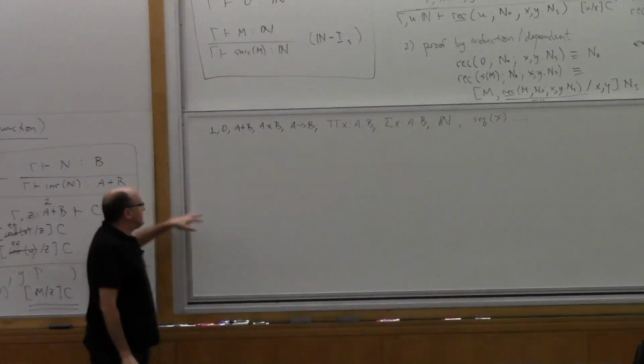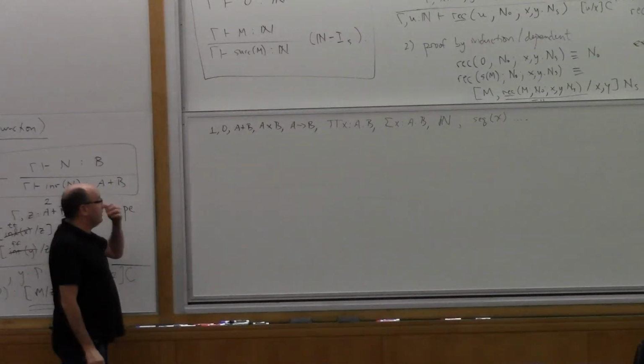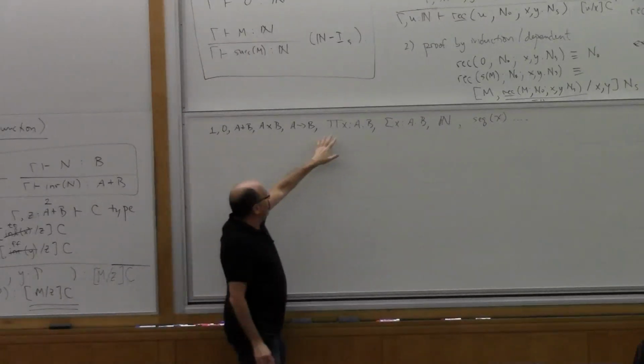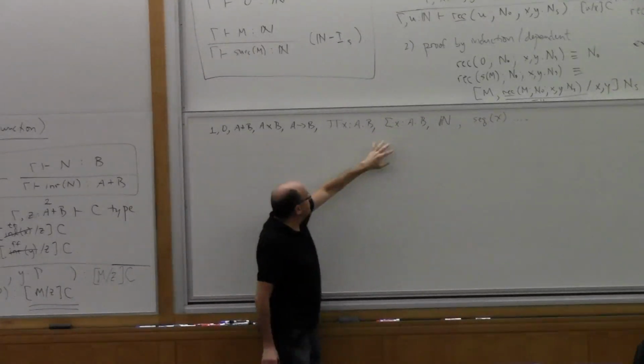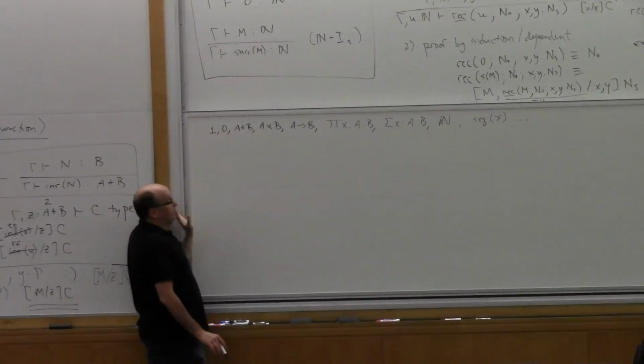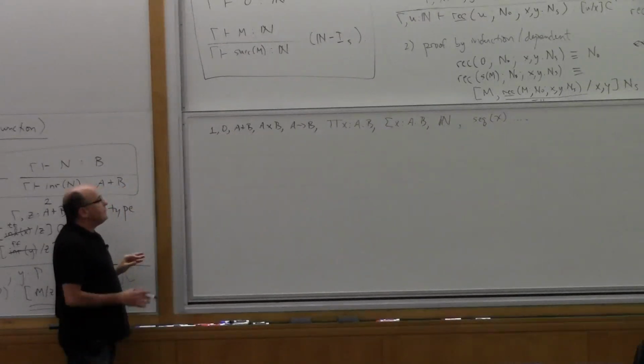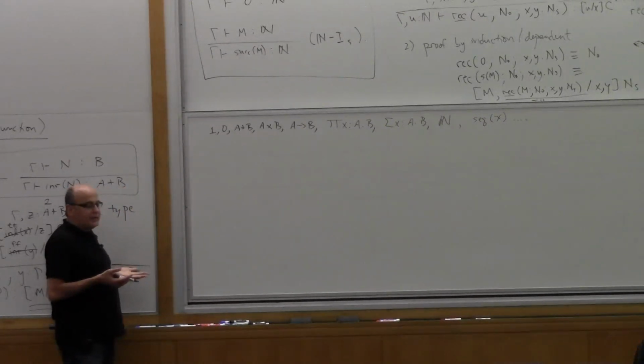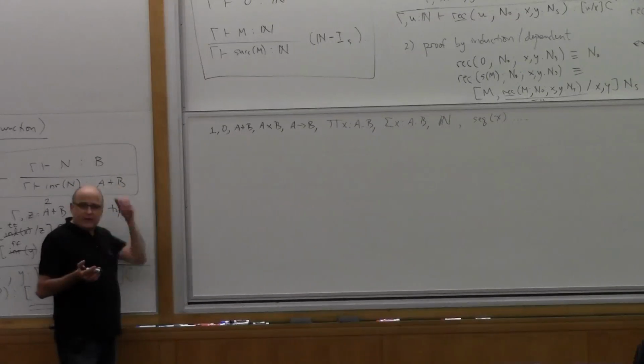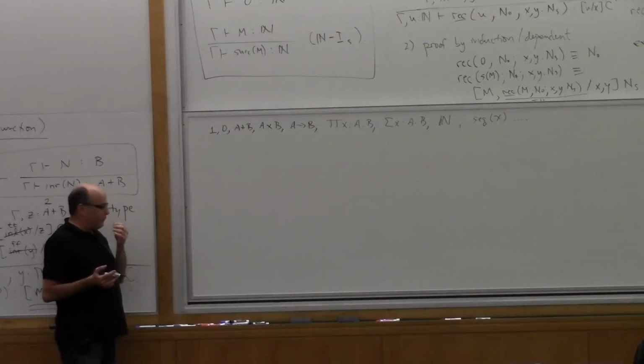But if you look at this from the point of view of logic, and think of it as universal quantification and existential quantification and implication and so on, then the thing I'm missing is the idea of equality. I don't have the idea of being able to express when two things are equal.